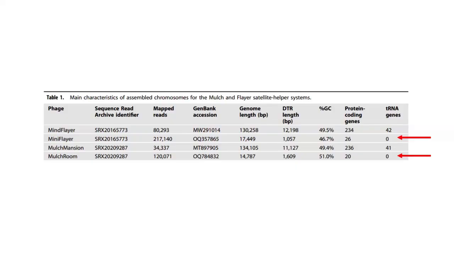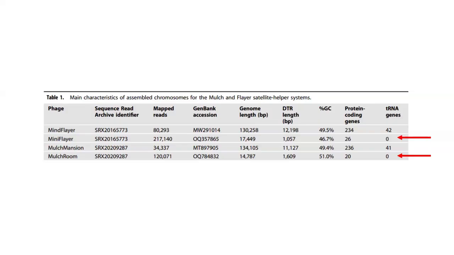The helpers have these tRNA genes in their genome. The satellites do not. So what does that mean? If the satellites don't have the tRNA gene, they can't make tRNA, right? So what does that mean for satellite and helper phages?